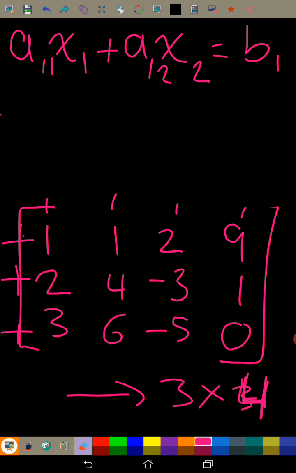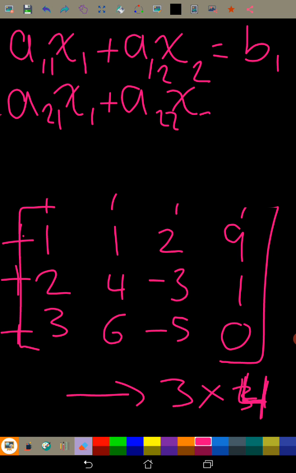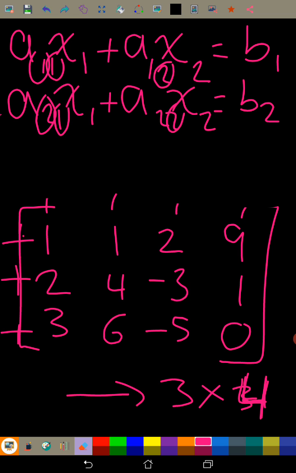Then we have a21 x1 plus a22 x2 is equal to b2. So this means the first index means the row, and the second means the column, and so on. I think you got the idea.